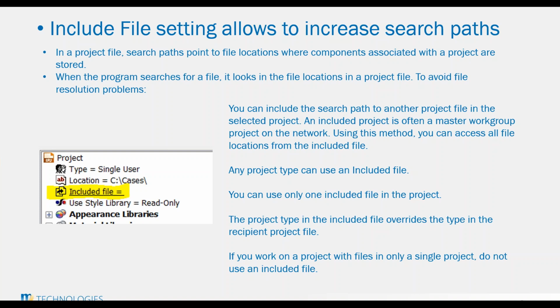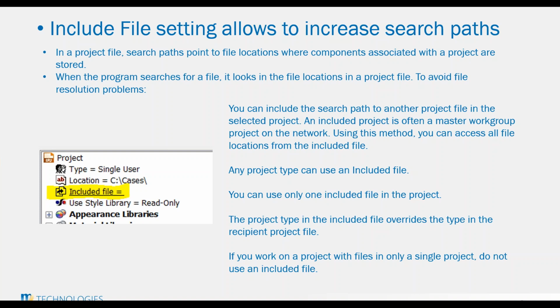This has always been there since the inception of Inventor. Basically, it allows you to piggyback another project file in conjunction with the one you've just started. It gets a little confusing, but really this comes down to the ability to add more paths outside of what you're currently defining in your single user project file.